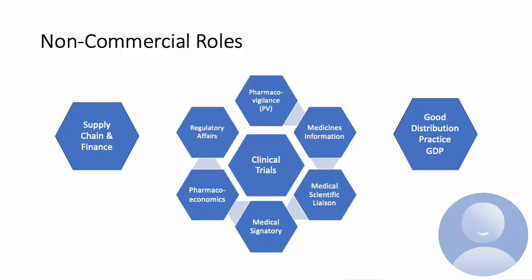Non-commercial roles in pharmaceutical companies include those in good distribution practice, or GDP. There are roles available in clinical trials, from regulatory affairs in companies, registering clinical trials, pharmacovigilance in safety, medicines information, medical scientific liaison, which typically is somebody who discusses new products with physicians, finding out how the physicians treat their patients, and also asking doctors about whether the profile of the medicine being developed by the company would be a fit for their patients.